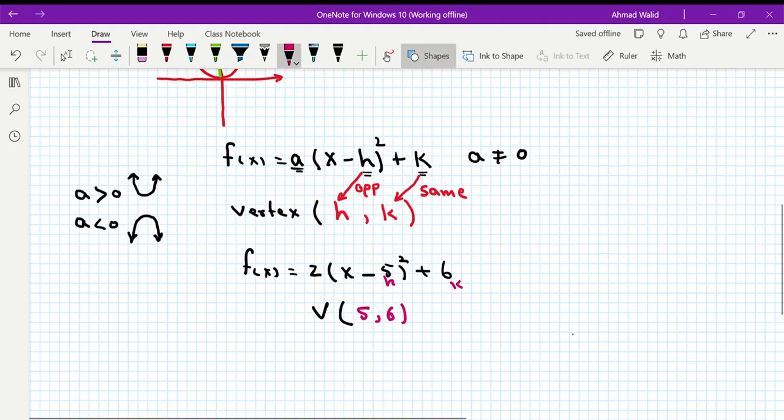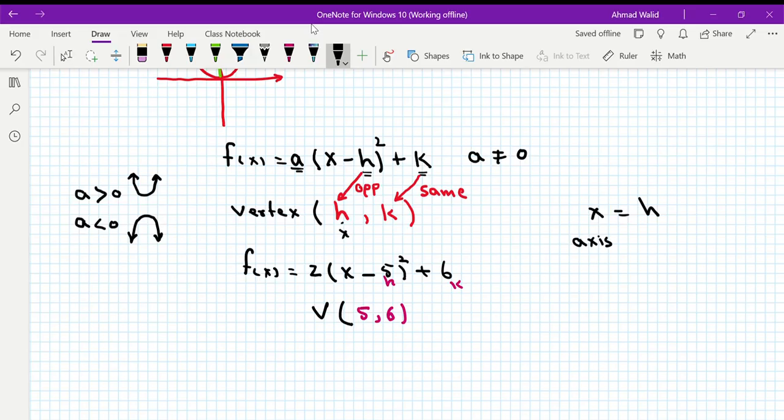Now, you see the value of h is actually x, right? h represents x. Then x equals h is always your axis of symmetry. If someone asks where the axis of symmetry of this function is, in this numeric example, the axis of symmetry is x equals 5 because h is 5.